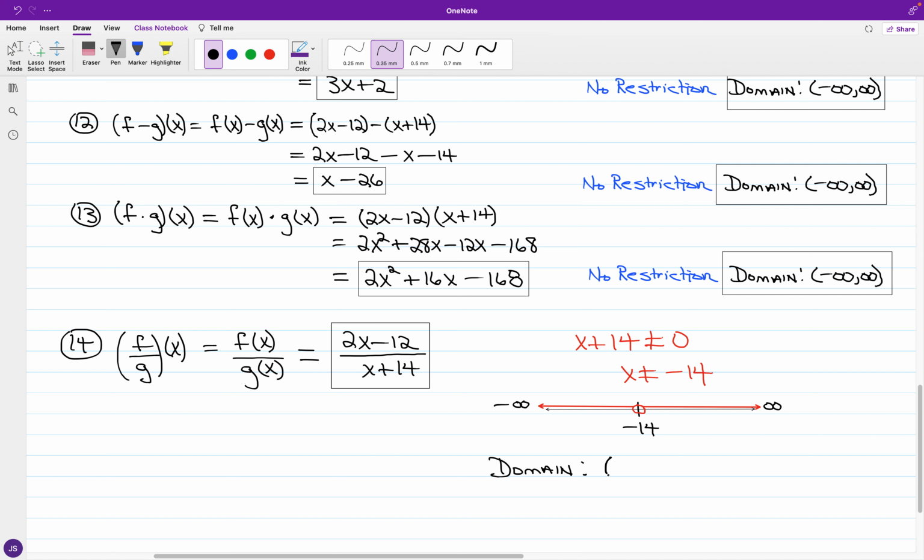At the lower end we have those values of x less than -14, so we have parentheses around -infinity and -14. And for the other section, for those values of x greater than -14, you have -14 and infinity, and again reapplying parentheses around those values.